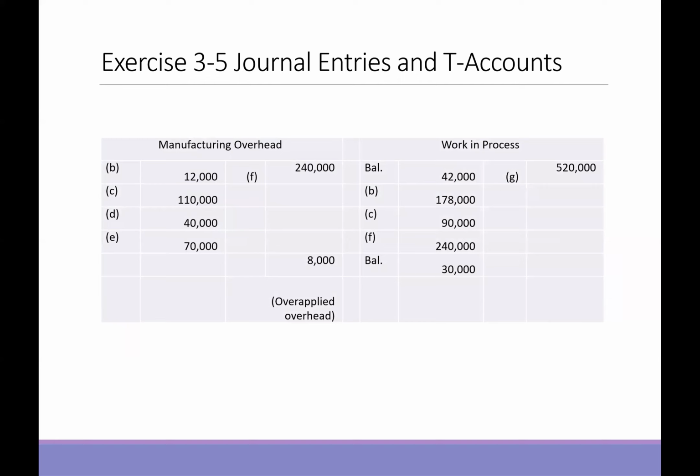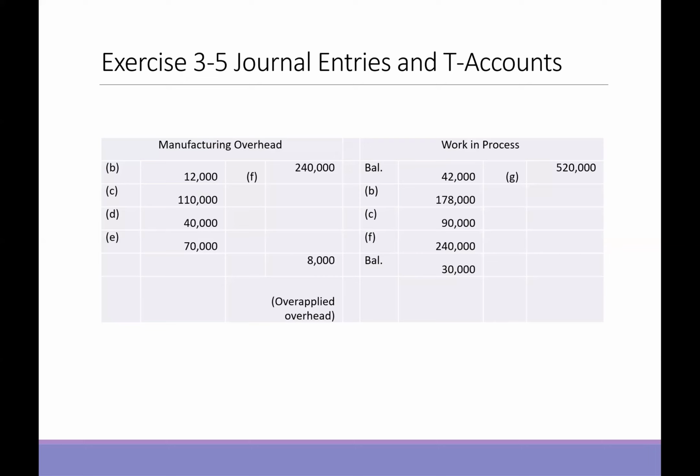You see what we applied for manufacturing overhead is 240,000. So we've over applied overhead of 8,000. We have a credit balance sitting in our manufacturing overhead, meaning we have a credit balance of 8,000. We've over applied our overhead to the various jobs. Technically, we've charged those jobs more than we actually have spent.